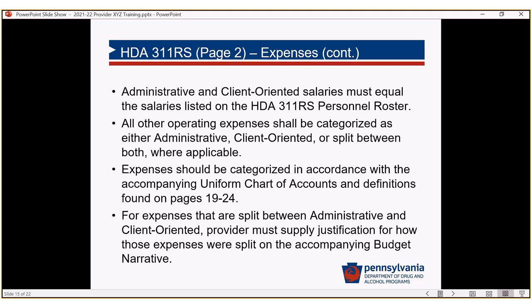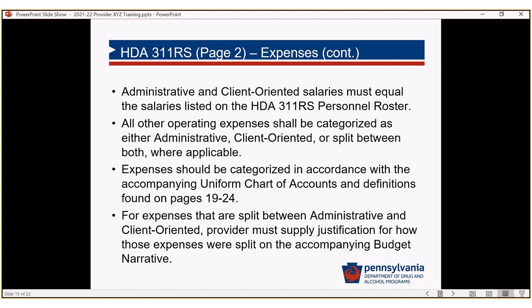Typically when we mention it twice, it's probably something pretty important to remember. So again, your administrative and client-oriented salaries that are listed on your personnel roster should equal what is listed for administrative and client-oriented salaries on your expense sheet.